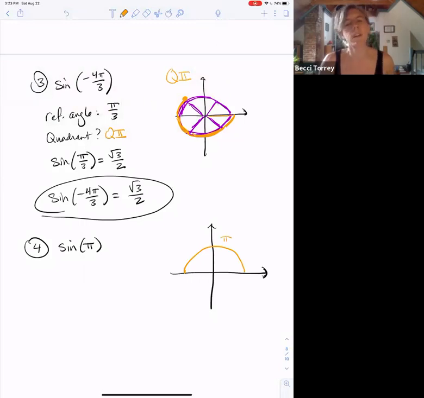So the angle is a rotation by pi, or 180 degrees. And so we land over here at this point on the unit circle, where the x value is -1, and the y value is 0, because you're right on the x-axis. And sine is the y value, so this is just equal to 0. That's all you have to do.